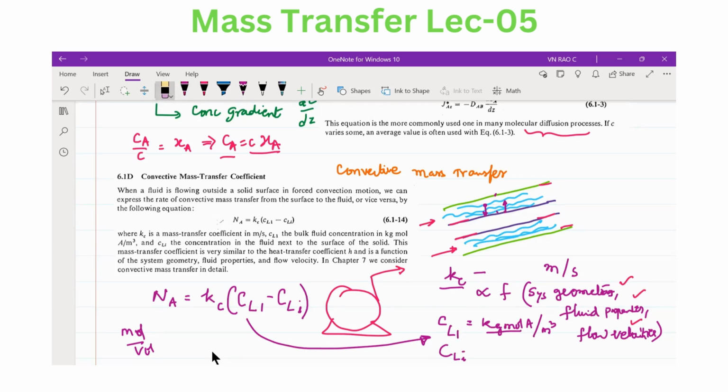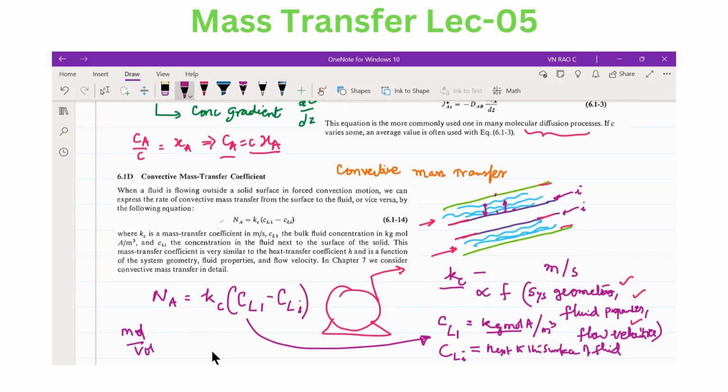Now CLi is telling me the location at the solid and liquid boundary, the concentration in the fluid. Whenever we say concentration, we don't say concentration of solid. We say the concentration of the component A in the fluid next to the surface. I think you are able to get what I'm saying. CLi we represent just next to here.